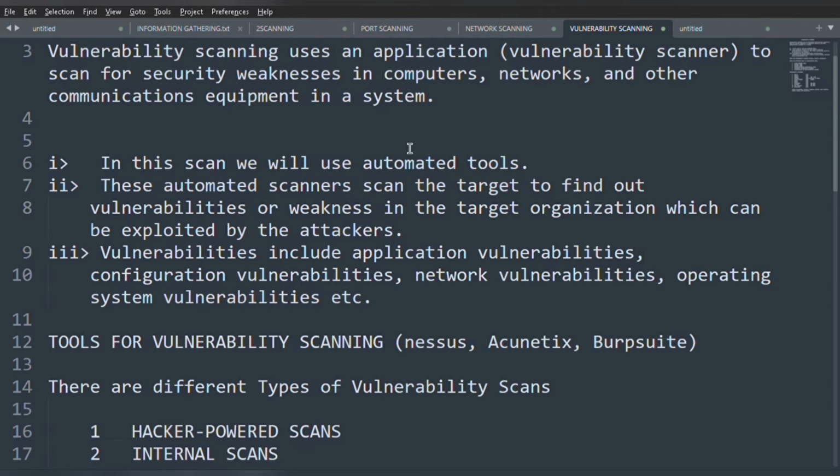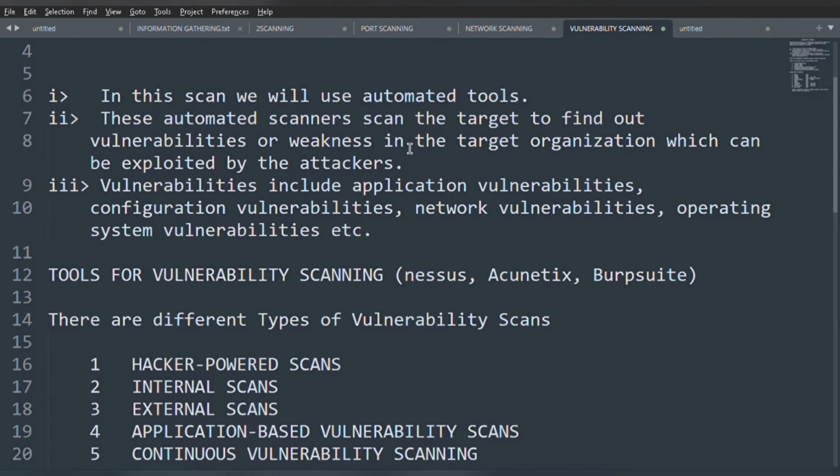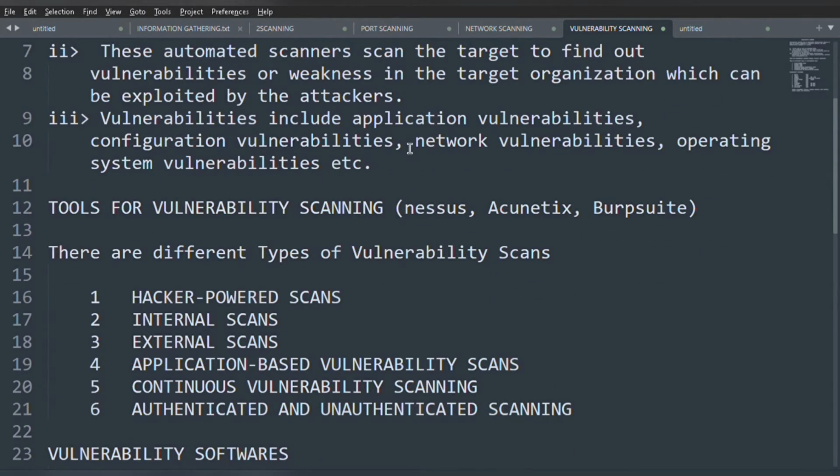Coming to types of vulnerability scans: hacker powered scans, internal scans, external scans, application based vulnerability scans, continuous vulnerability scanning, and authenticated and unauthenticated scanning. These are the types of vulnerability scans, and we will also discuss vulnerability scanning software.